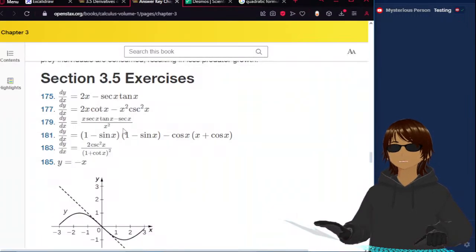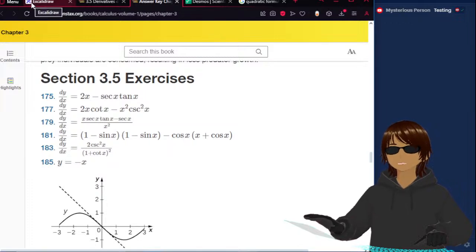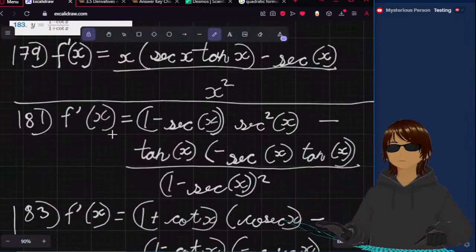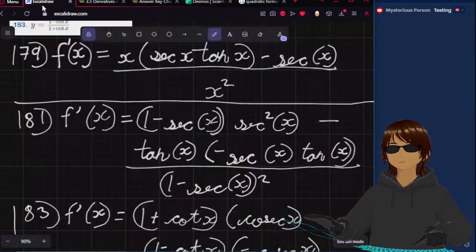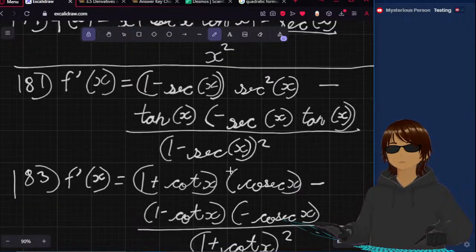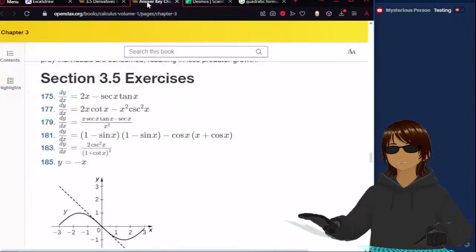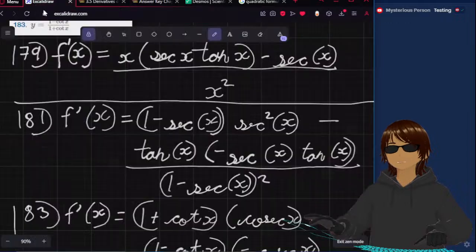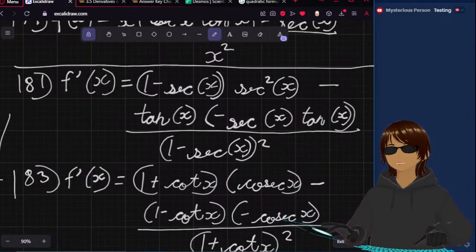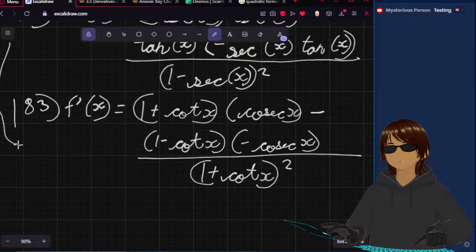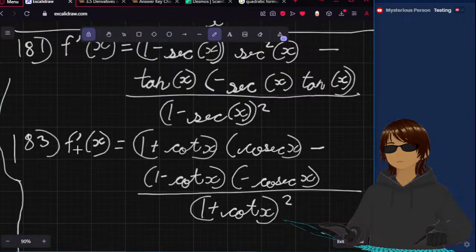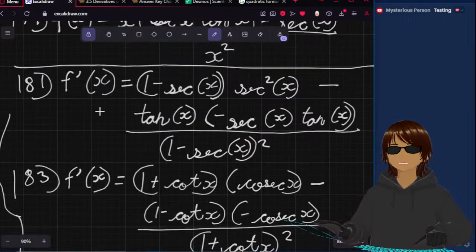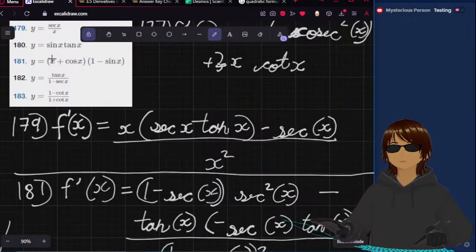I think it's supposed to be like this. 181. 183. 185. Let's simplify 181. So x, let's just make sure it's correct.